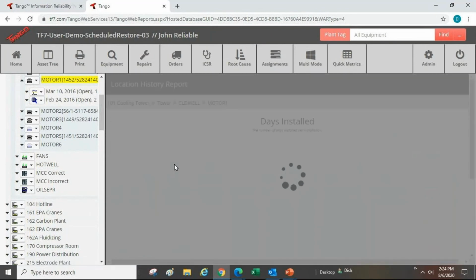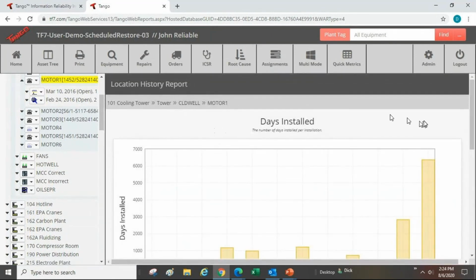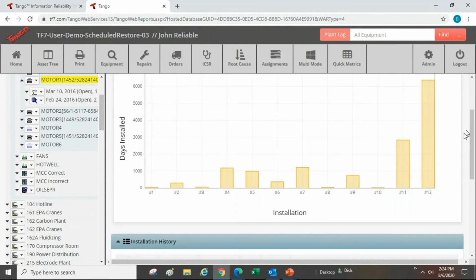Again, I'm looking to find out what's happened on this base plate over time, and I see I've had a very wide range of days down to a very poor 35 days of the first service installation of a motor before it had to be removed and replaced with tag number 3591.